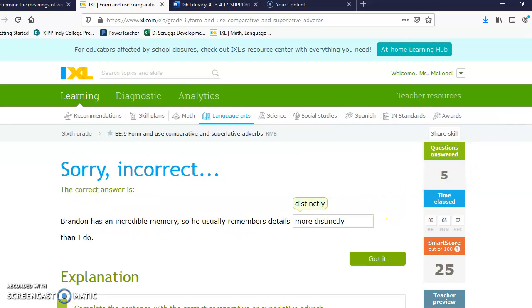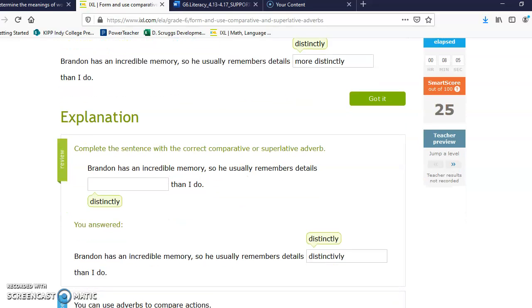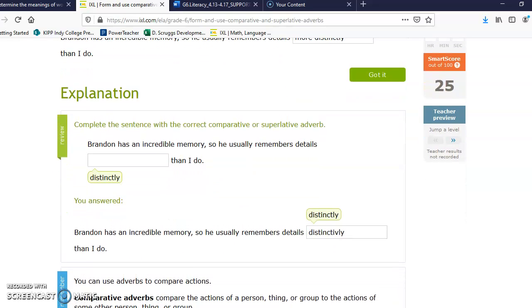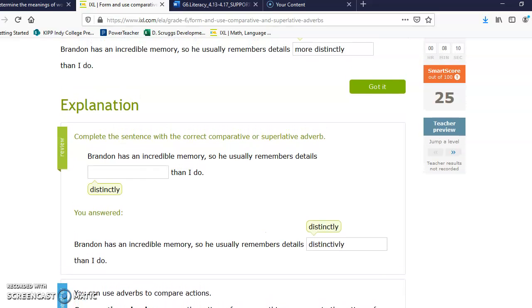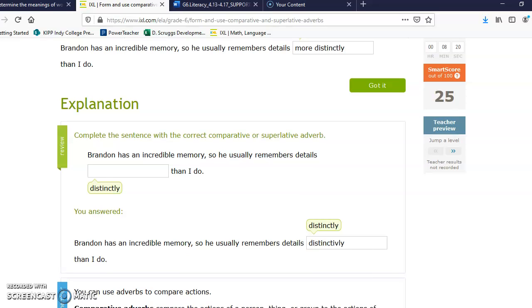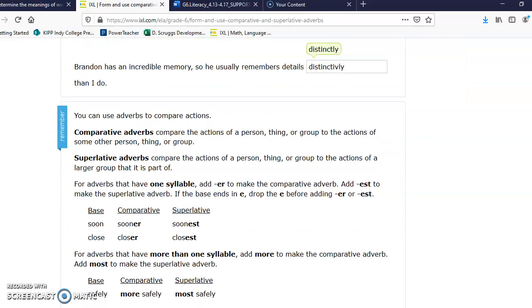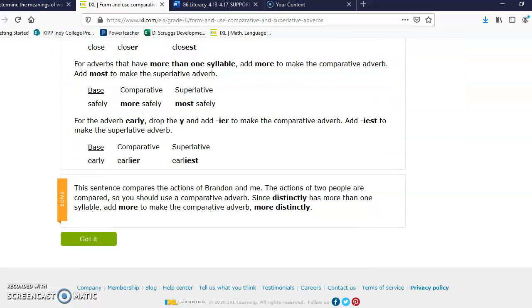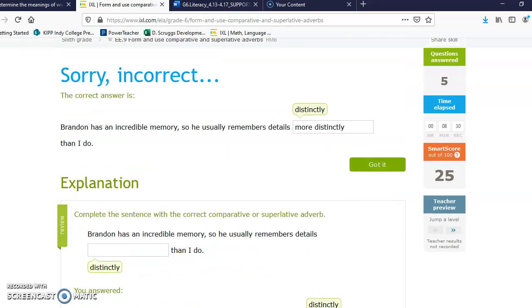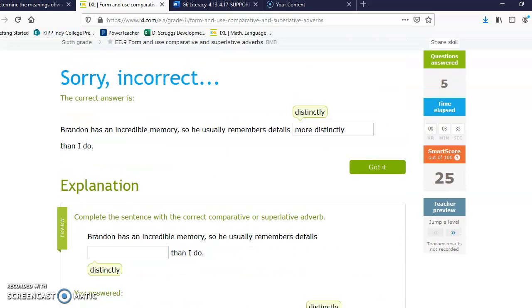Okay, how is that wrong? Let's go back to the bottom. So Brandon has an incredible memory, so he usually remembers details distinctly than I do. I put distinctively, and that wasn't right. Can somebody tell me what I should have put? It says it right there. Add the ly. All right, we got it.